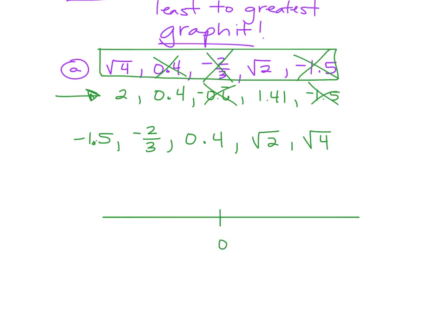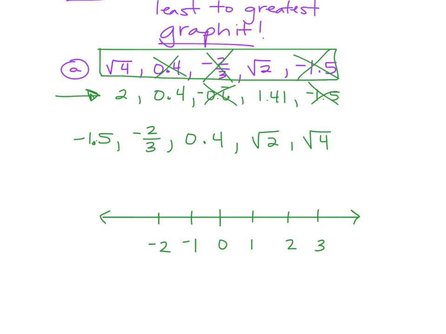So if this is 0, 1, 2, 3, and negative 1, negative 2, you can just leave it at that. Your job is to put these on the number line as close as you can to where they should be.